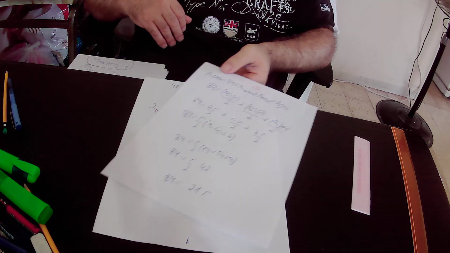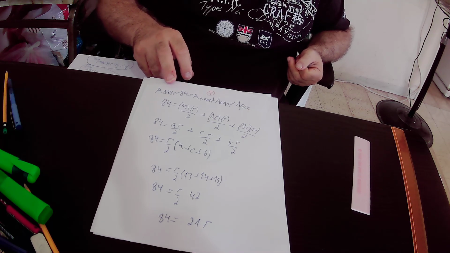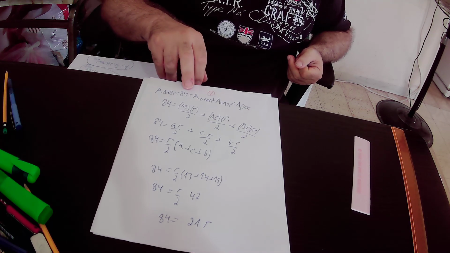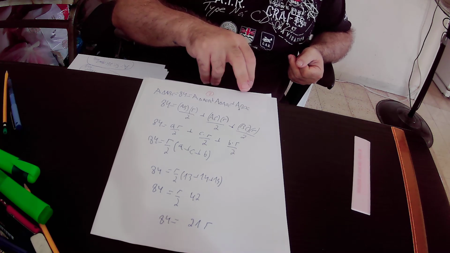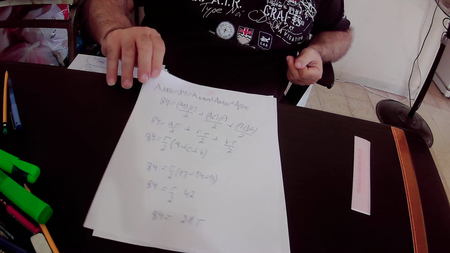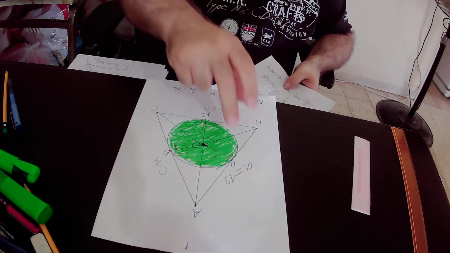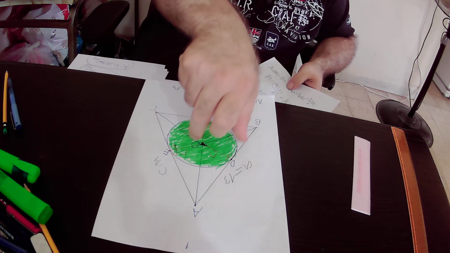Okay, so we created this equality that the area of triangle ABC that equals 84 units equals the sum of the areas of the three triangles. The area of this small triangle AOB equals the base of the triangle times the height to the base.